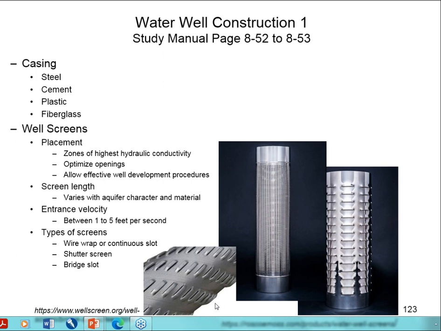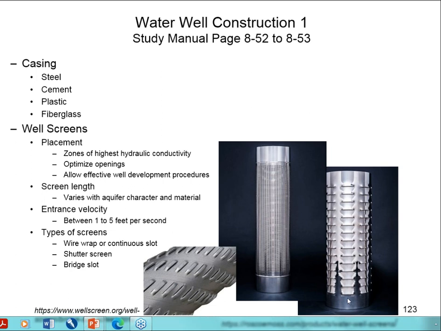So here we have 3 examples of the kinds of screens that are used typically. The first one is the wire wrap, and this one prevents the formation from clogging the well. It comes in a variety of sizes. The shutter screen is this one. Looks like a shutter. It has a more limited open area, and it's often used in artificially packed wells.